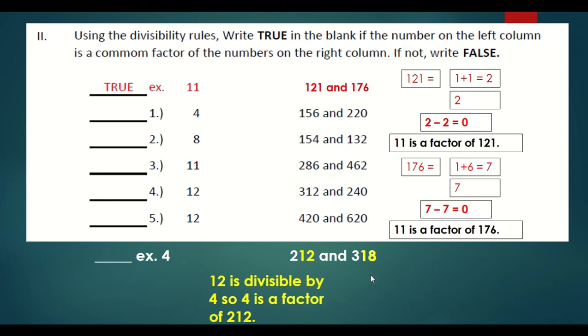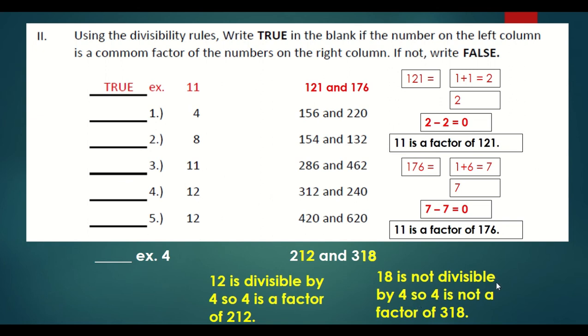In this case, with 318, 18 is not divisible by 4. So, 4 is not a factor of 318. Since one is yes and one is no, it means 4 is not a common factor of 212 and 318. So the answer there is false.